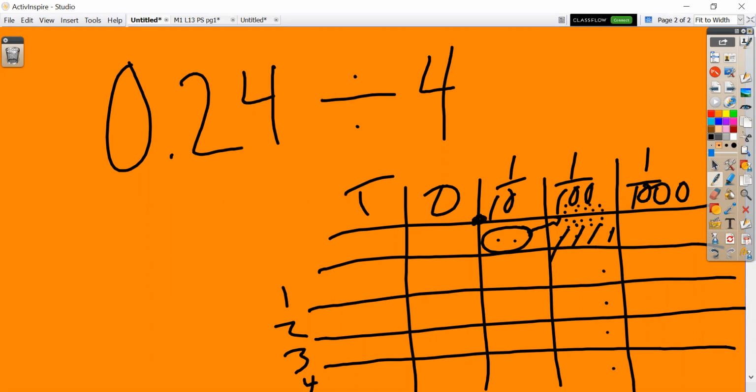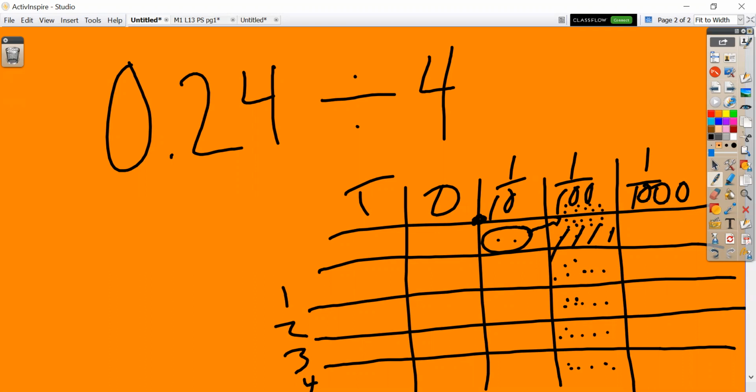But I know that's 20 dots, so I can just start distributing all of those to our 4 groups. 1, 2, 3, 4, 5, 6, 7, 8, 9, 10, 11, 12, 13, 14, 15, 16, 17, 18, 19, 20, 21, 22.